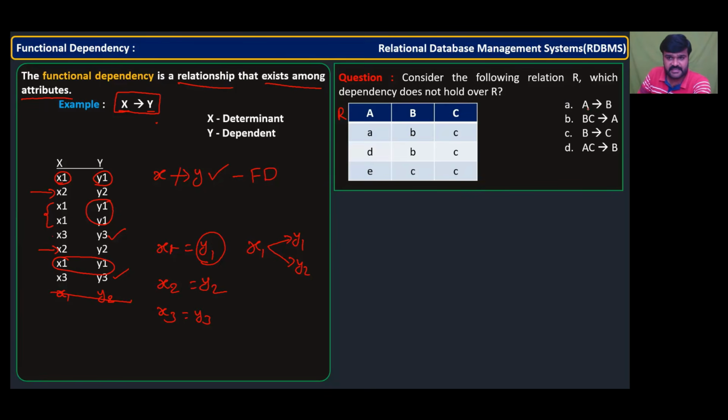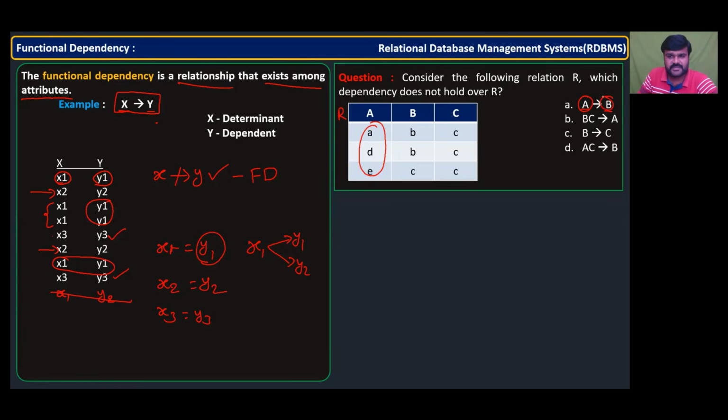Option A says A derives B. Let us observe. The first thing is, when can you say straight away that this is a valid FD? Whatever is on the LHS side is always the determinant. If it has all values distinct, as you can observe A has, you need not cross check.